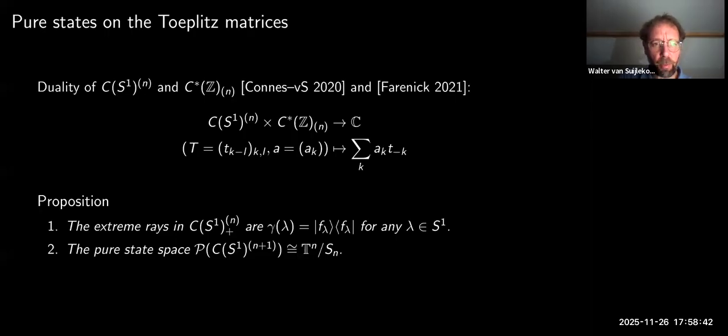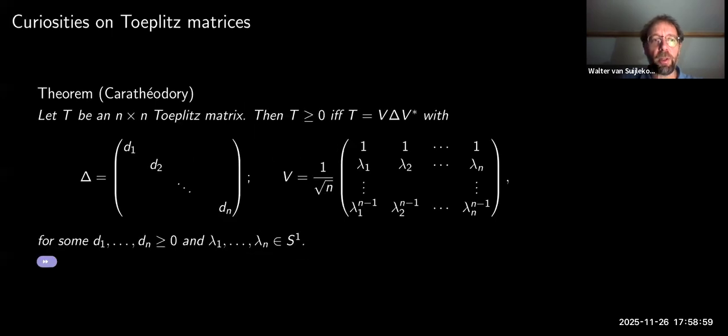But before I do that, let's look at the first point, the extreme rays. This is, again, an old result, now of Carathéodory, which tells that if you take a positive Toeplitz matrix, you can decompose it. You can sort of diagonalize it in a certain sense. The way you do that is the following, and that's this theorem, but now it's a corollary of the duality.